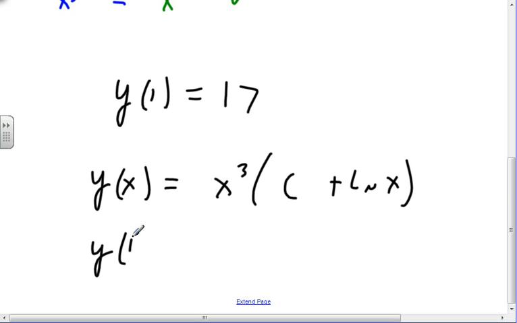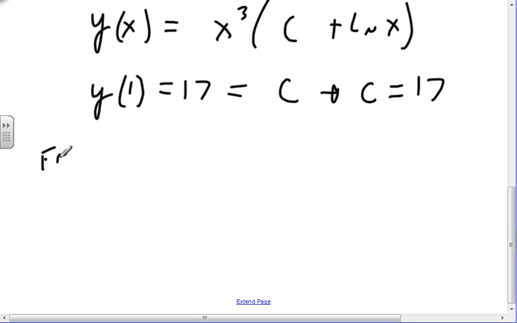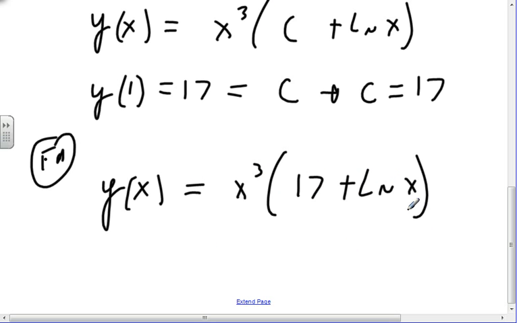Y at 1 is 17, which is equal to c, implying c is 17. That's sort of redundant, right? So final answer: y of x equals x cubed times 17 plus natural log x.